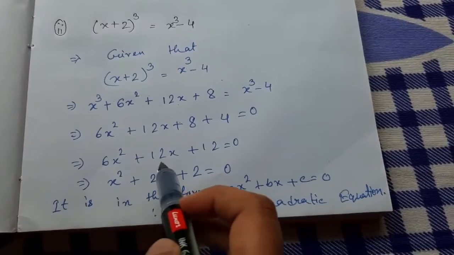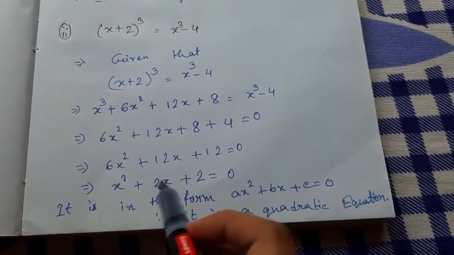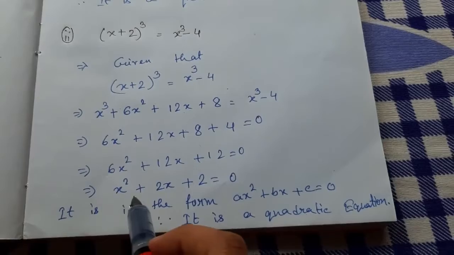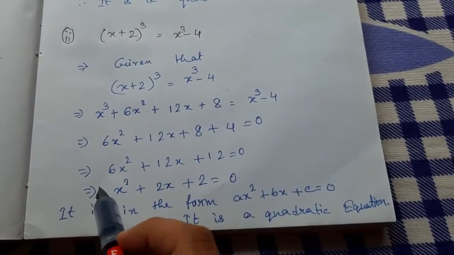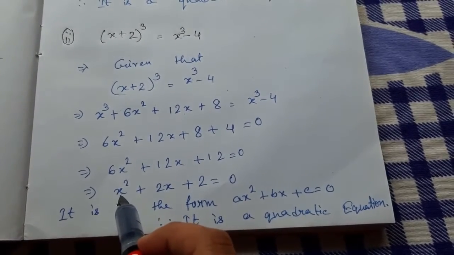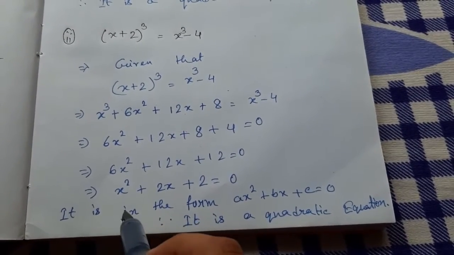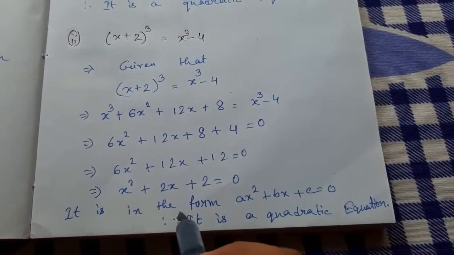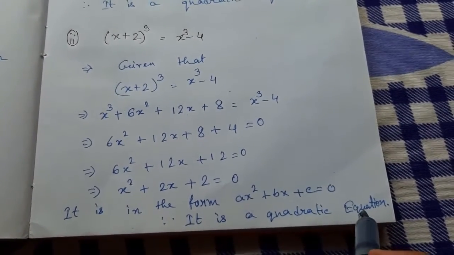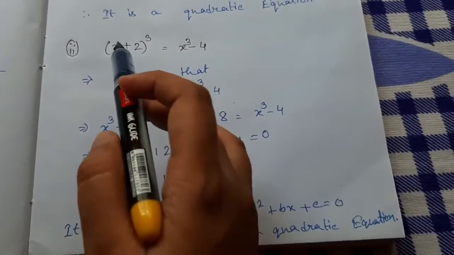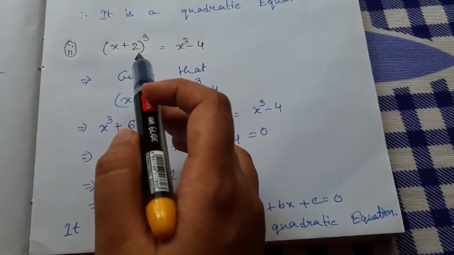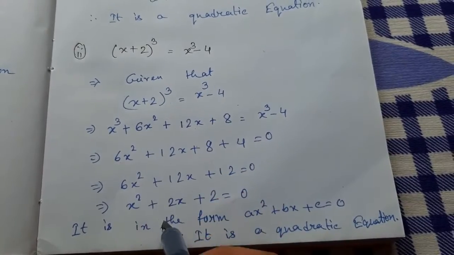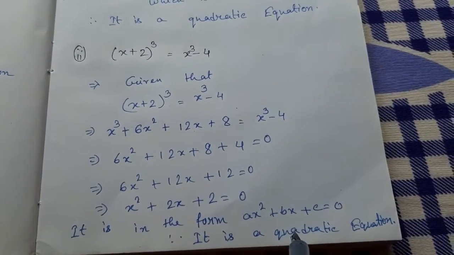So 6x square plus 12x plus 12 equal to 0, that is x square plus 2x plus 2 equal to 0. Again the degree is 2 and the coefficient is 1, which is not equal to 0. So it is in the form of ax square plus bx plus c equal to 0. It is a quadratic equation. So as you can see, it is looking like a cubic equation, but when you simplify this one, it will become a quadratic equation.